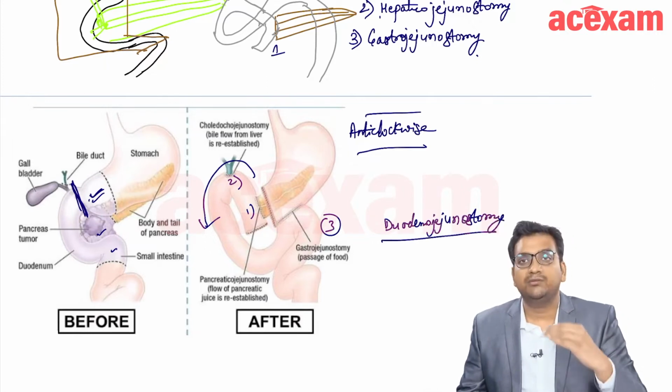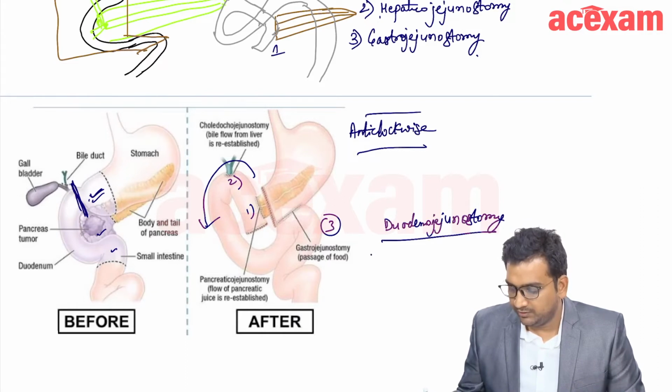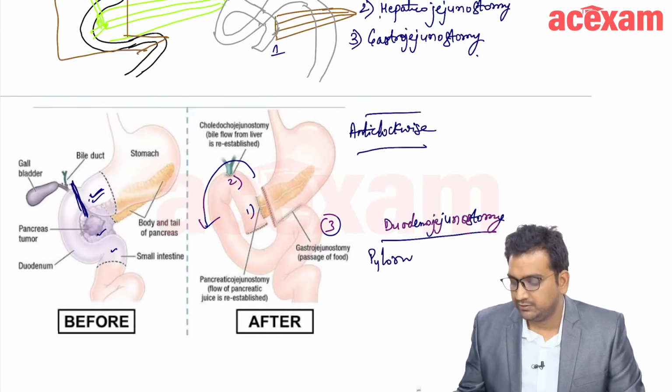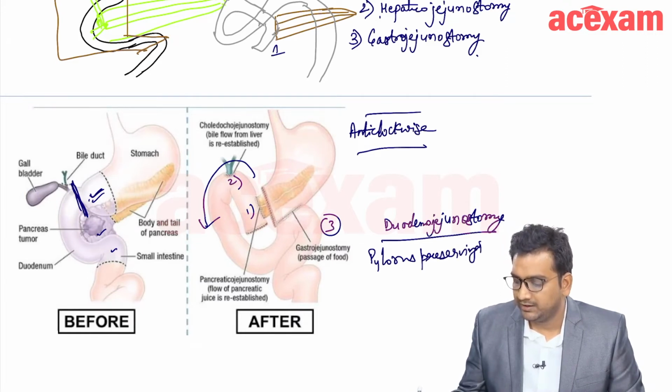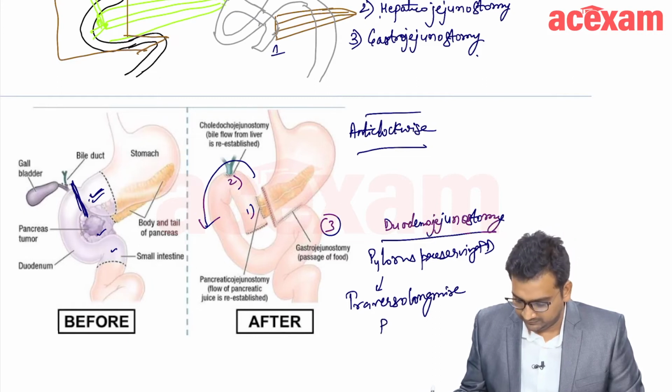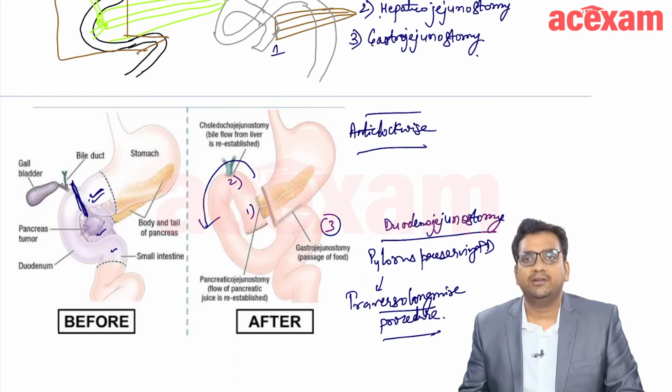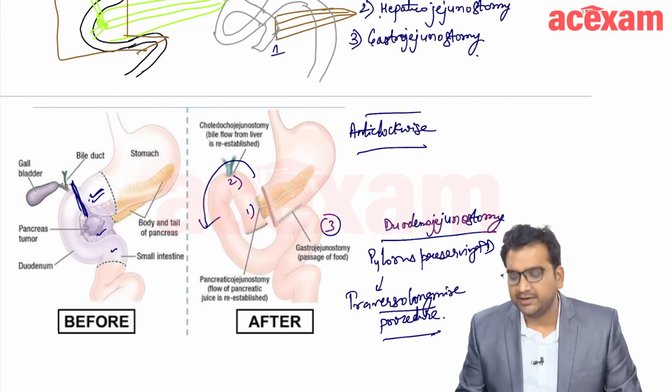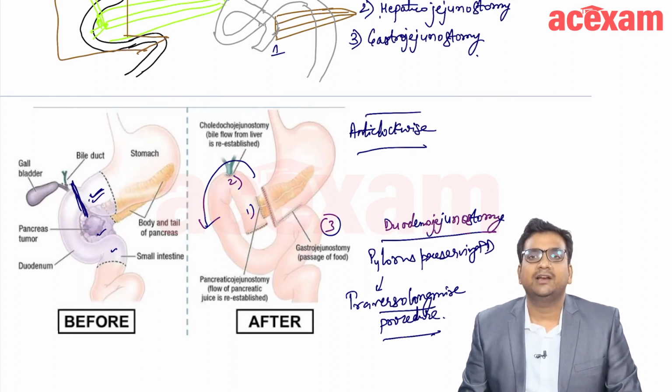Whole of the stomach we are preserving, or we are preserving the pylorus which was removed initially. So this is actually pylorus preserving pancreaticoduodenectomy, also known as Traverso-Longmire procedure. This is also another variety of pancreaticoduodenectomy. This is regarding CA pancreas.